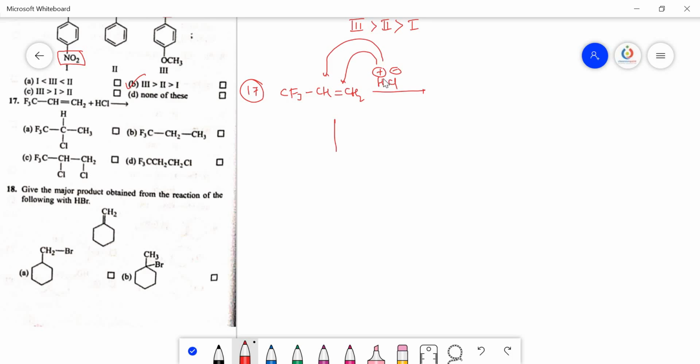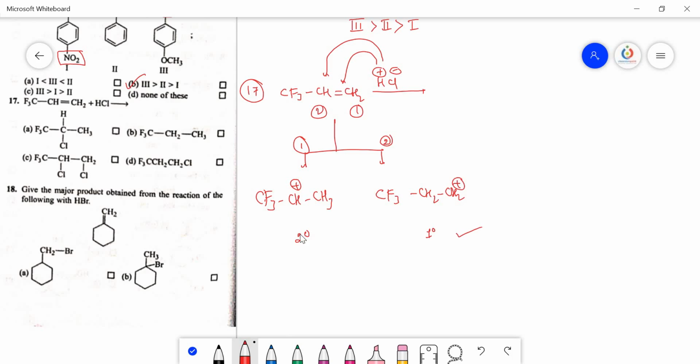You see that if H plus ion attacks over the first position, here this is the second position, then we get the CF3CH+CH3. If it attacks over the second position, then we get the CF3CH2+. Now we need to see both of these carbocations. This is the secondary, this is the primary.